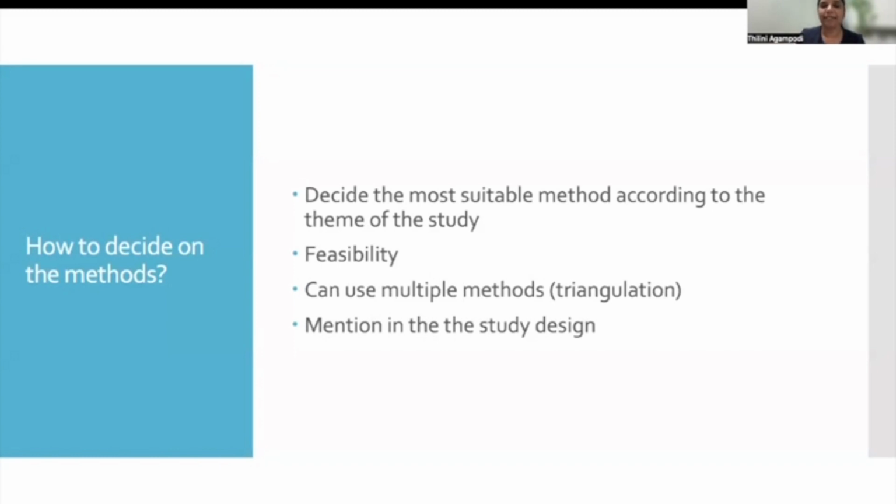Likewise. And you can also use multiple methods in the same study, right? And that is a way of making your study stronger. You call it triangulation. Triangulation is collecting the same type of data through different sources, right?